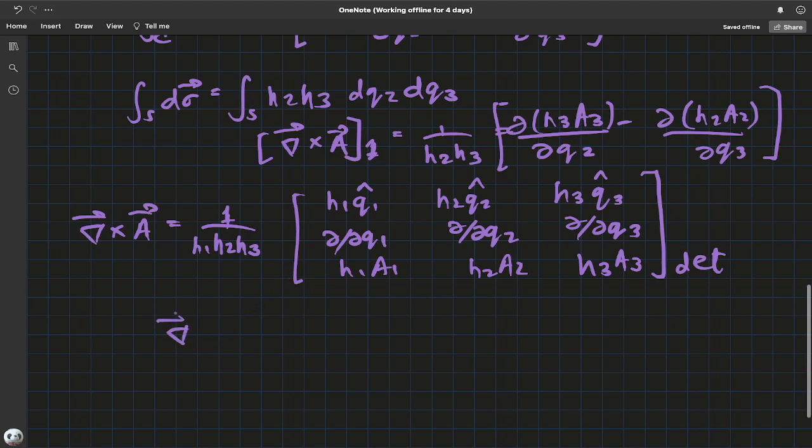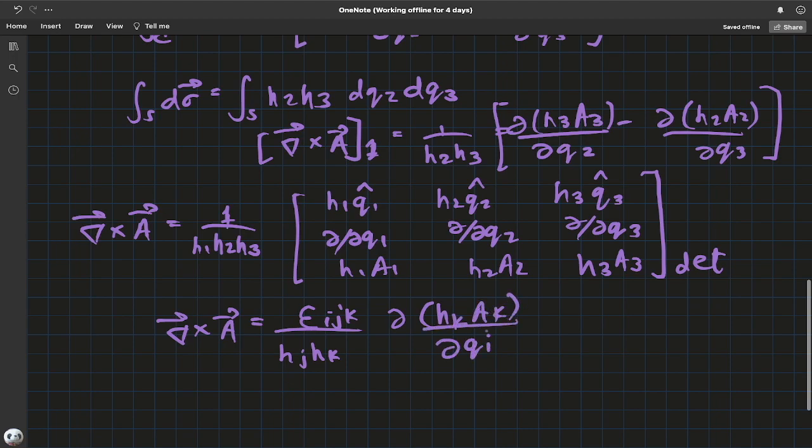So the curl of A using subscript summation can also be expressed as epsilon ijk, or say h_j h_k, partial, I believe, h_k a_k, partial q_j, q_i hat.